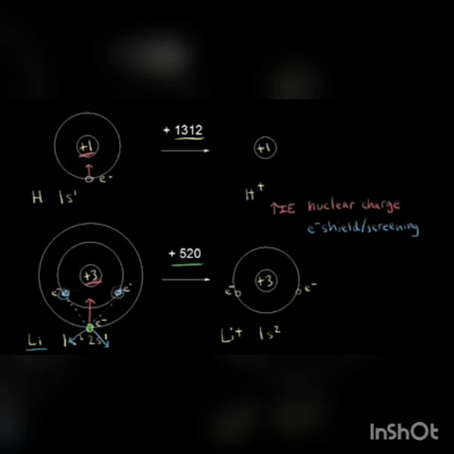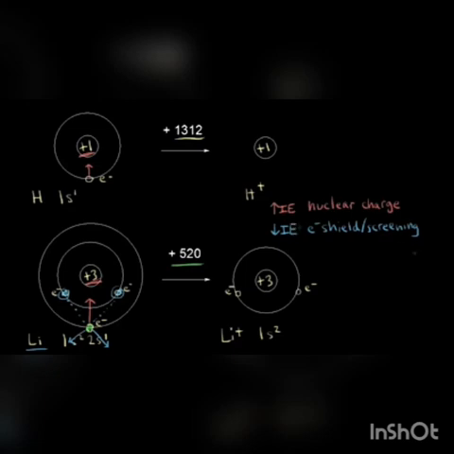There's going to be a force in the opposite direction, if you will. That means it would be easier to take that outer electron away, due to the repulsive force of those electrons. So if you just think about electron shielding by itself, it would be easier to take away lithium's outer electron due to the shielding effect, and therefore you would need less energy, so a decrease in the ionization energy for just this factor.